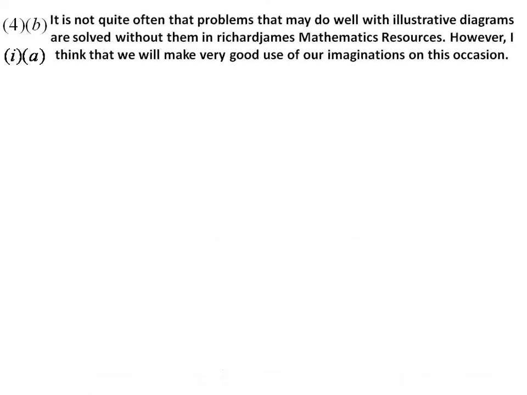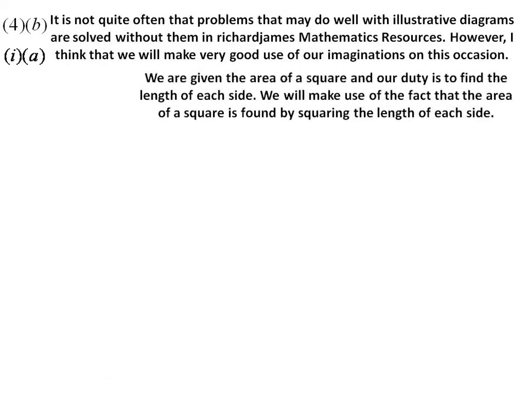It is not quite often that problems that may be done well with illustrative diagrams are solved without them in Richard James Mathematics Resources. However, I think that we will make very good use of our imaginations on this occasion and not use any illustrative diagram.